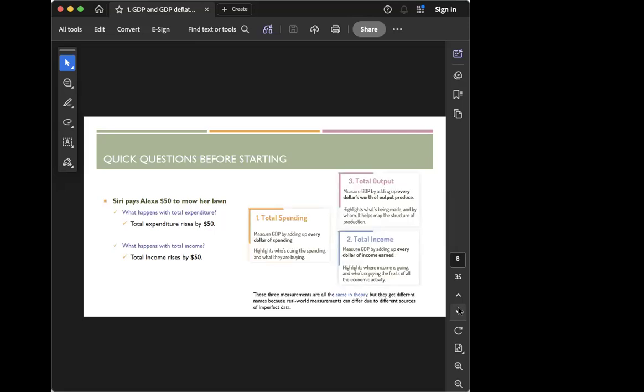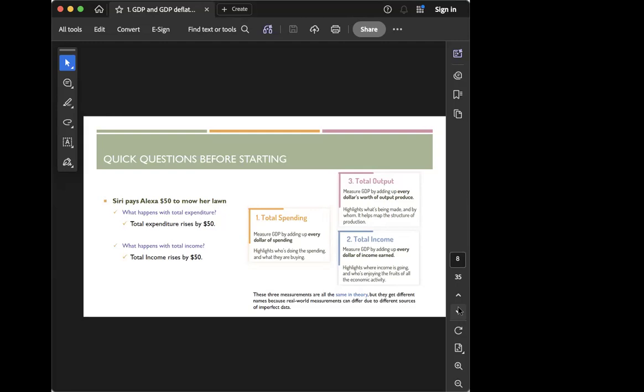Now, I added a nice figure over there. This slide summarizes the three ways of measuring GDP. The first one is total spending, right? This means that we measure GDP by adding up every dollar of spending, and this approach focuses on who is buying goods and services, mostly consumers.